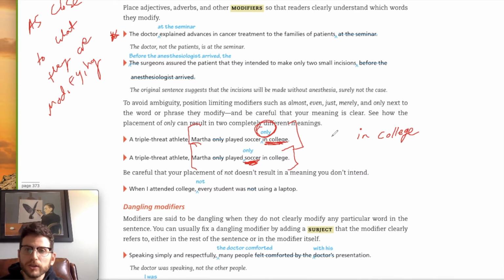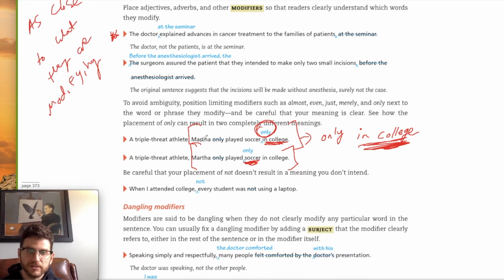And so what only in college is telling us is that only during the time of college did she play soccer. She never played it previously. And in this first sentence, we also don't know whether Martha is playing other sports in college as well. All we know is she's played soccer only in college and never at any other time.